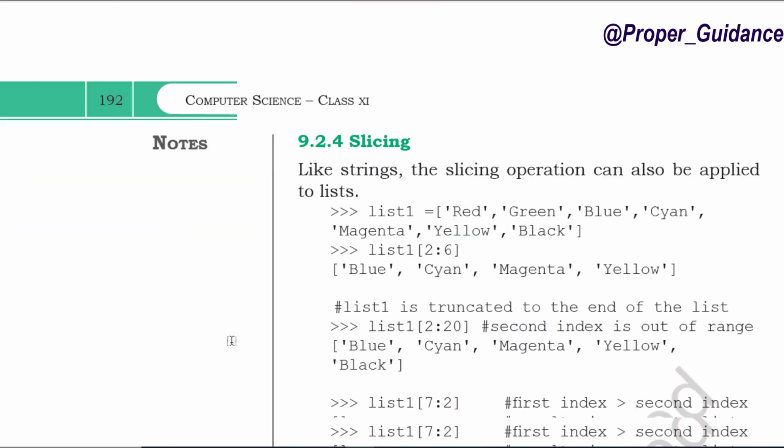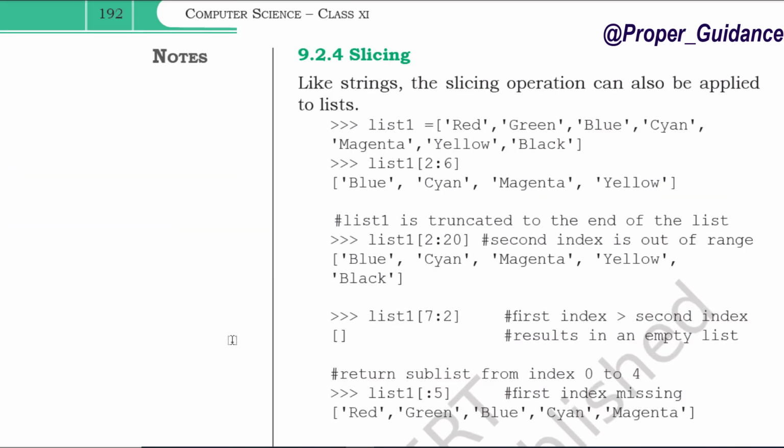Next we learn the slicing property. What is slicing? Like strings, those who are new to this channel, please go through the previous chapters, which were discussed in the previous videos.